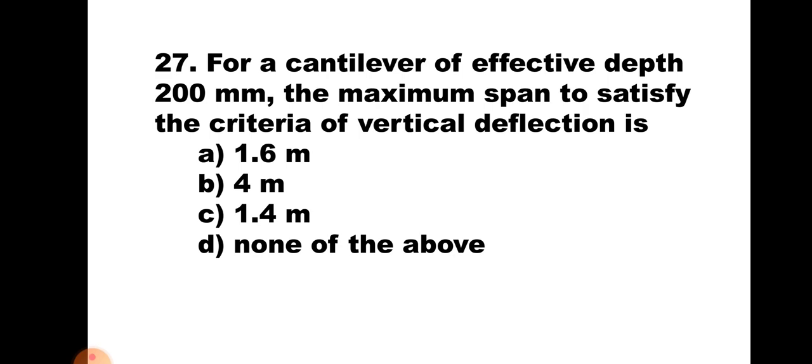So if you substitute D as 200 mm, L upon 200 mm is 7. So if you multiply by 200 mm, L will be 1400 mm, that is 1.4 meter. Hence the correct answer is C 1.4 meter.